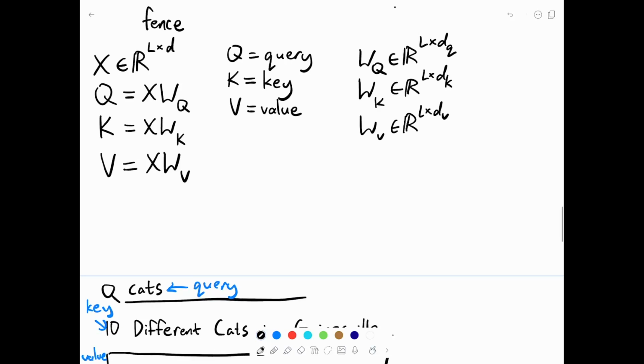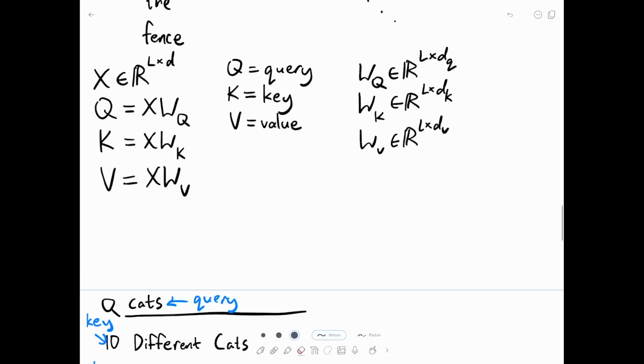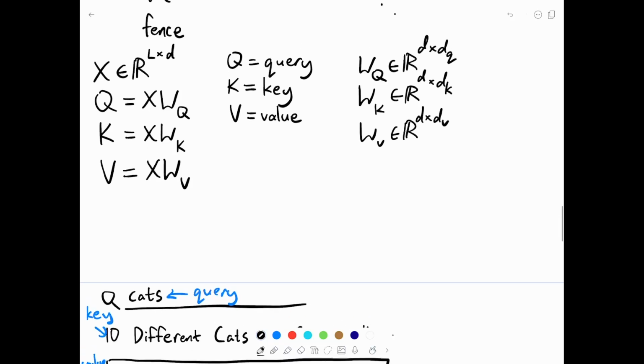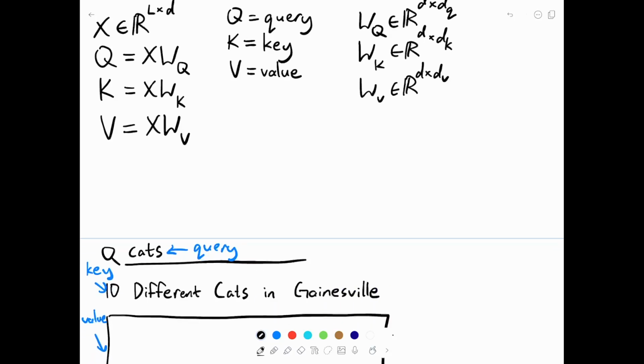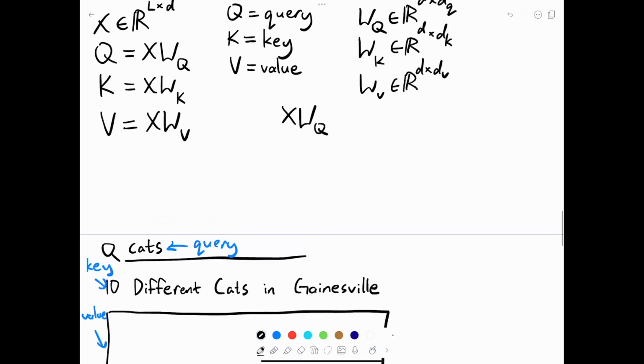And so what will happen is that, not L, D by each of the others. Because when you multiply X by these weight matrices, they'll generate the L by d whatever equivalent. Okay, so what's happening here? If we consider matrix multiplication between X and W_Q, if we consider the dimensions, we have an L by D matrix multiplying a D by d_Q matrix.